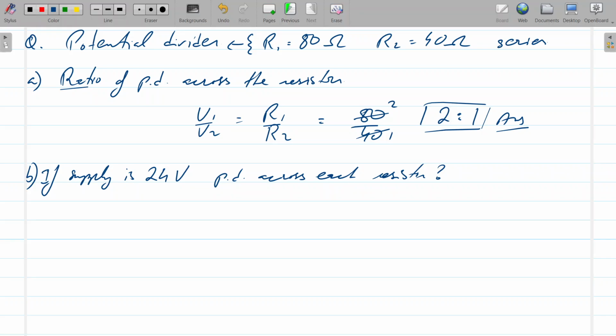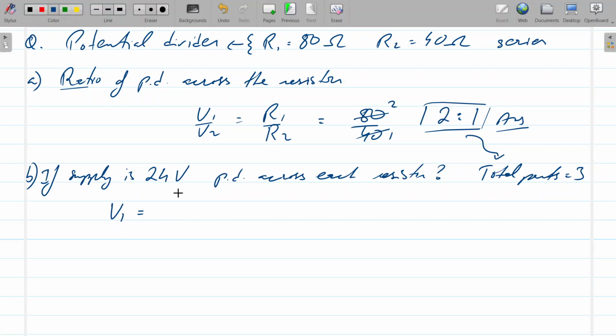And so for V1, what we're going to do, because it's 2:1, so what are the total parts? 2, no, 3 parts.